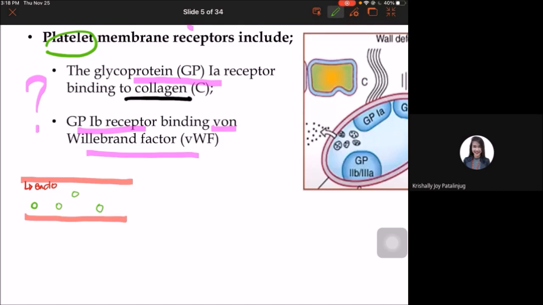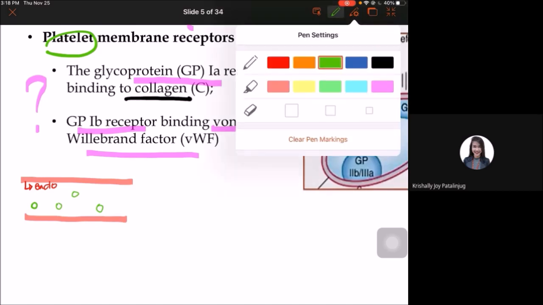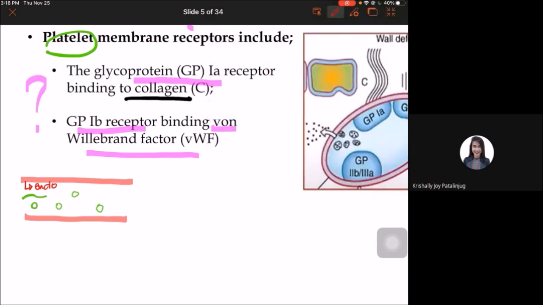Okay? So halimbawa yung mga color green, yan na yung mga platelets. Okay? Yan ay mga platelets, yung kulay green, which is parte ng blood. Now, isa sa mga trigger, sabi kanina, isa sa stimuli for clot formation is when there is endothelial injury.